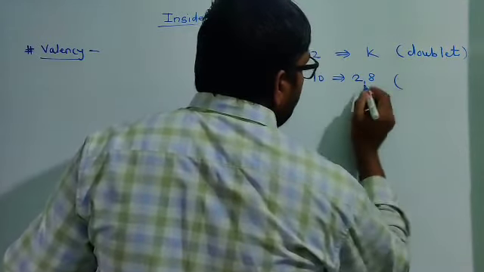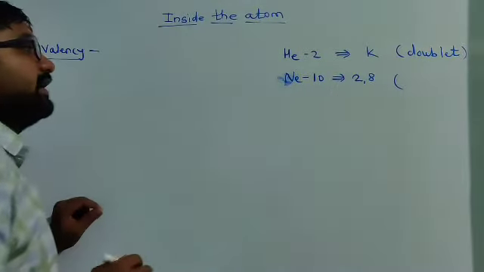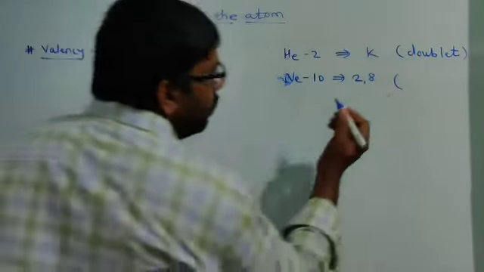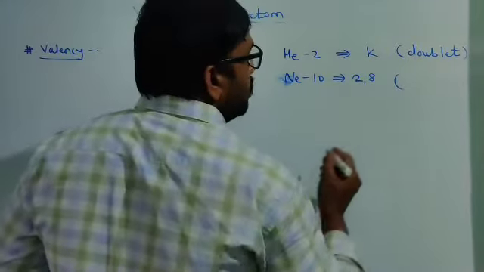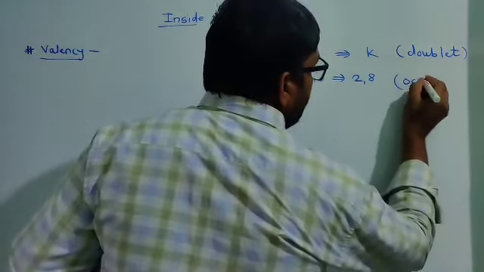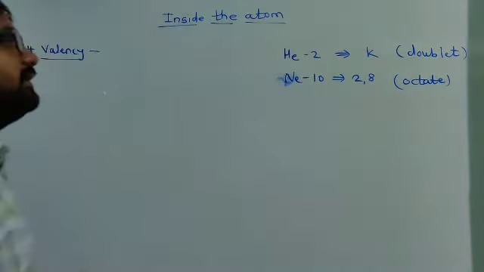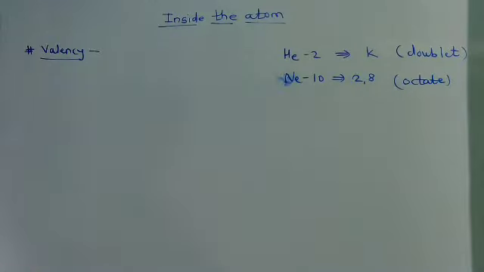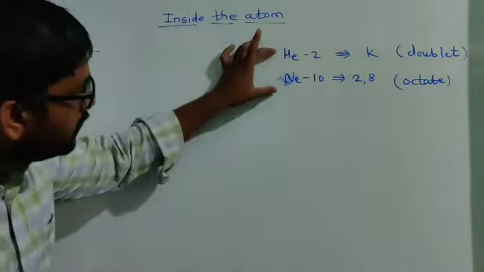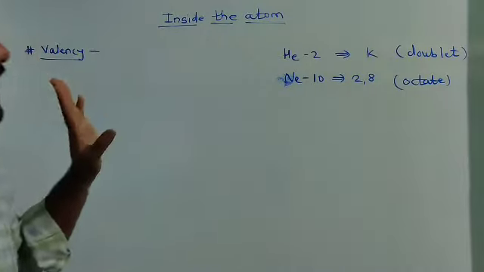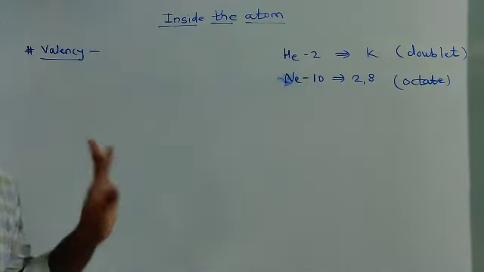The outermost shell is the L shell, and the maximum capacity of the L shell is 8 electrons. So here in the outermost shell 8 electrons are there, so we can say that its octet is complete. That is why these two elements do not react with any other element.